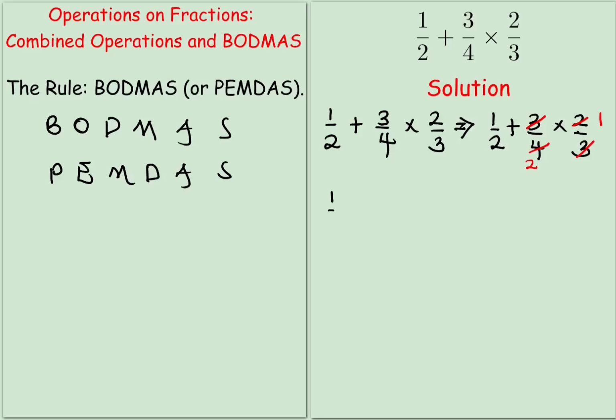So 1 over 2 plus we have 1 times 1, which gives us a 1, over 2 times 1, which gives us a 2. So this is now a simple addition of fractions problem. Since the denominators are the same, we know they are like fractions.